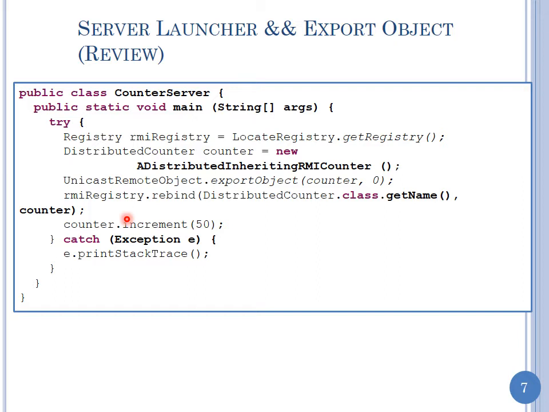So the increment gets forwarded back to me. That's the remote method invocation. The other end needs some handle, right? It needs something that looks like a counter, that forwards its calls to this counter. So that's why it's a proxy.